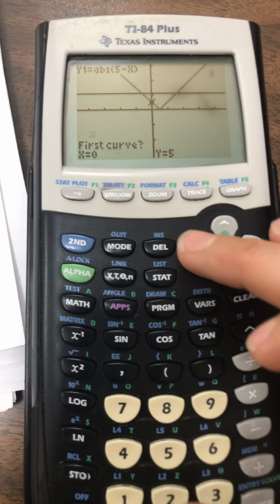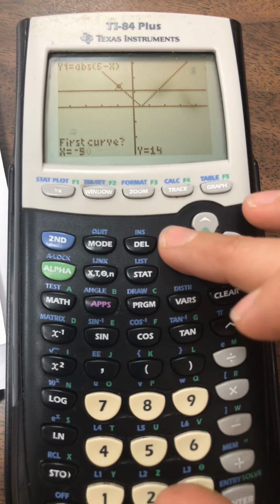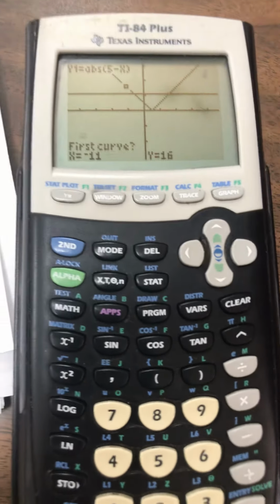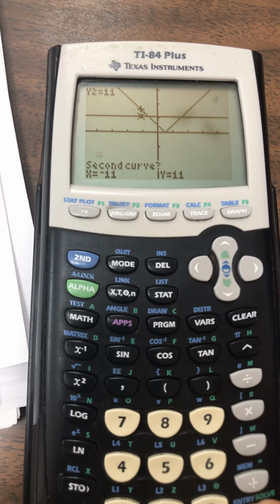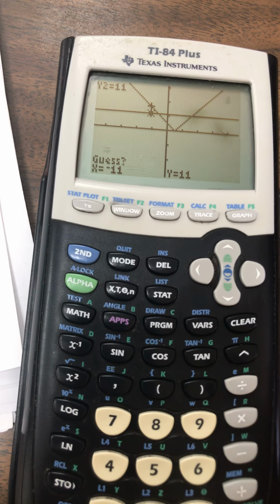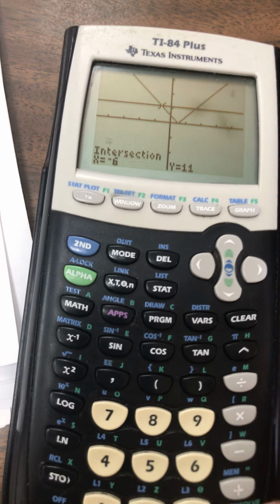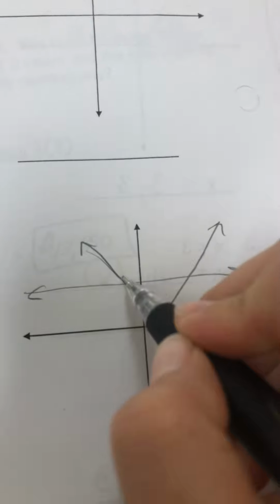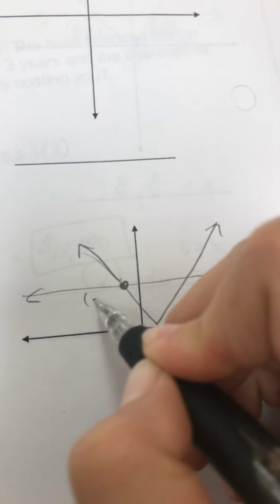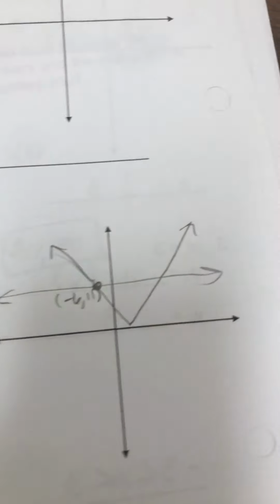Now we need to get our point on the left side of the intersection. Hit enter, enter, enter. Okay, so this one is negative 6, 11. Come over here. You're going to put negative 6, 11.